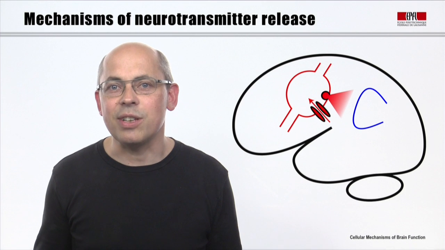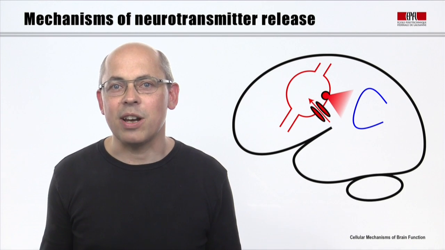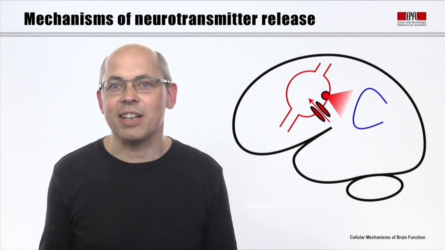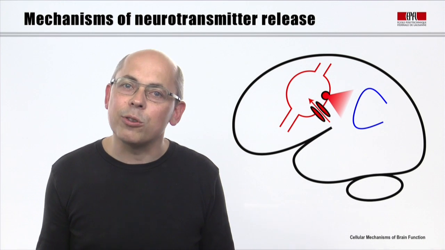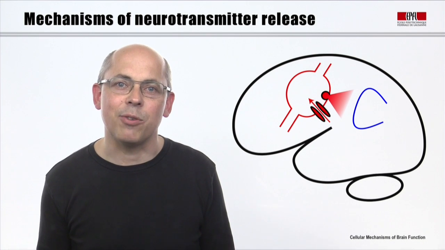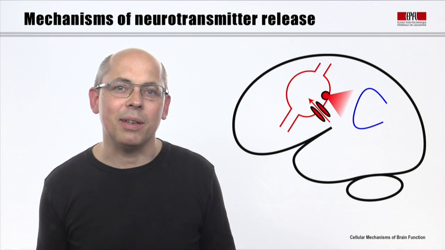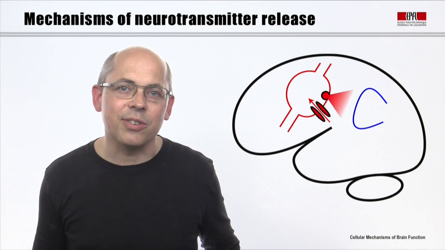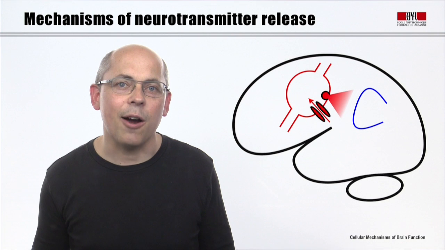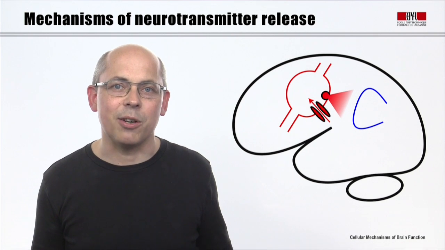We can increase the efficacy of the synaptic transmission by, say, increasing the amount of calcium influx into the terminal, or we could also decrease the amount of neurotransmitter release. And it's that ability to regulate synaptic transmission that's thought to be extremely important. And so in the next slides, we'll take a little look at how one might regulate neurotransmitter release.